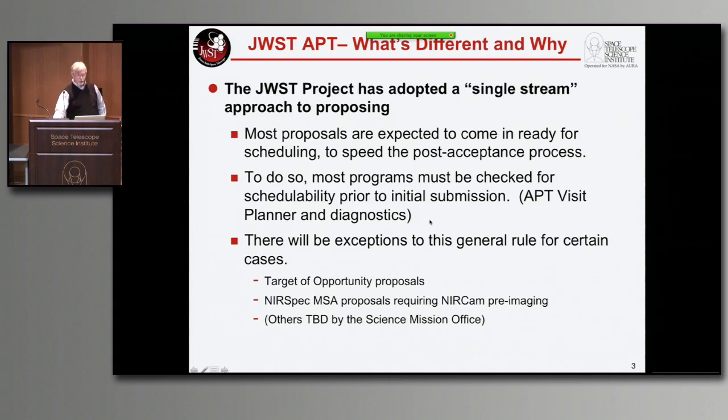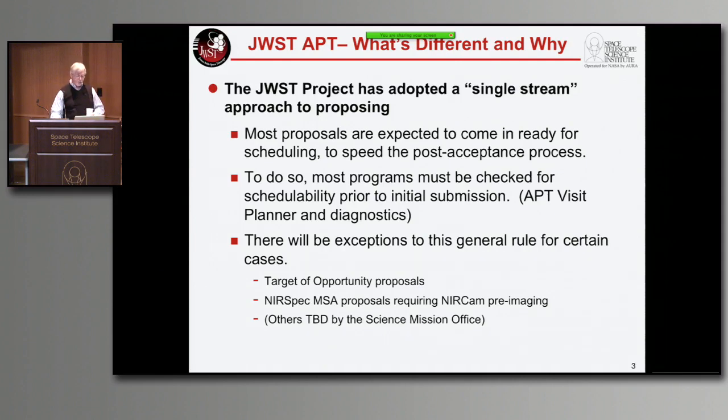Now, the single stream approach doesn't work for everything, and we know that. We're trying to be cognizant of that. Obviously, something like a target of opportunity proposal where you don't know the details of your target, you can't put in up front, and so there will be a mechanism to put in that kind of a proposal with placeholder observations and then worry about the details later on after acceptance.